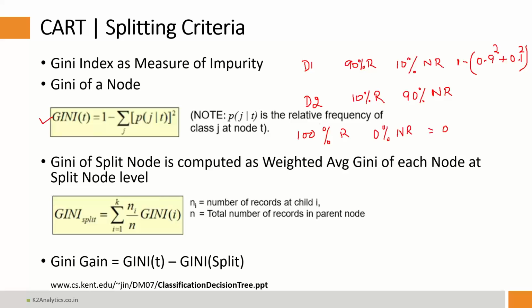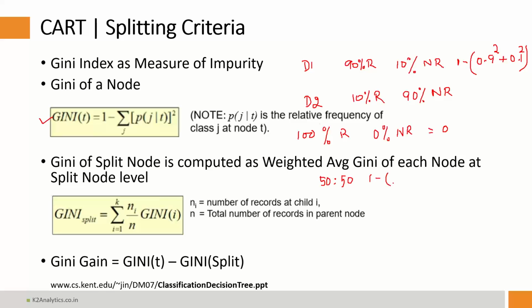In a two-class system, the maximum impurity can be in a scenario where both the classes are 50:50. Responder, non-responder, true, false, yes, no, defaulter, no defaulter: both the classes are in the same proportion.